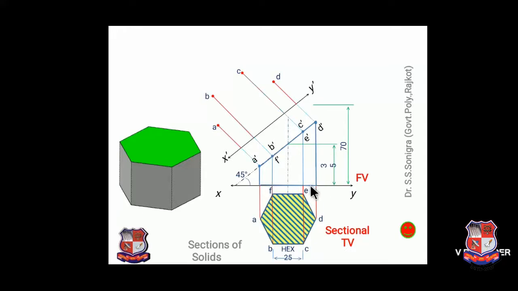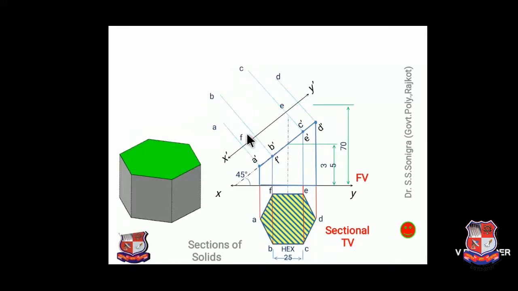Now how to locate point E? It is the same simple analogy to be employed over here. Measure this distance, XY line to E, and mark from the x dash y dash line to this point. This is point E. For point F, what should we do? Measure this distance, put an arc over here. This is point F.